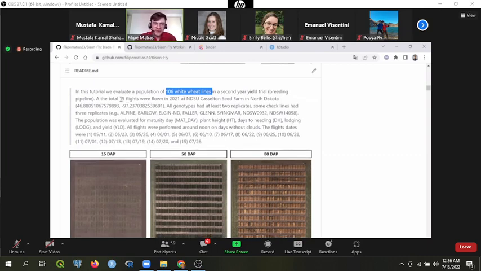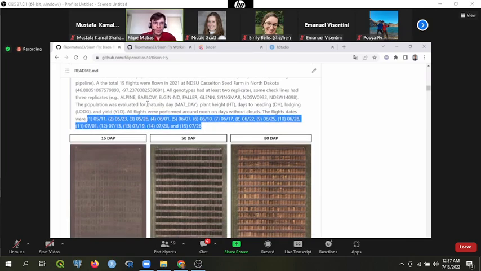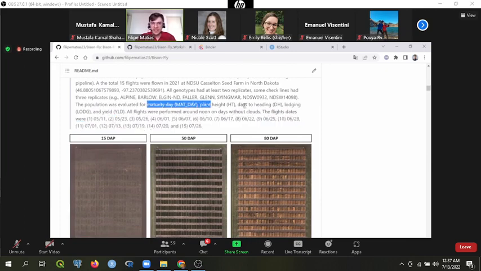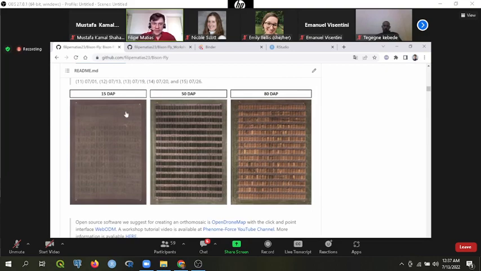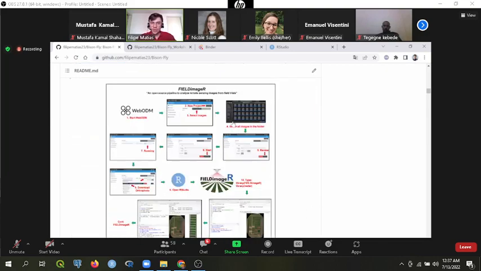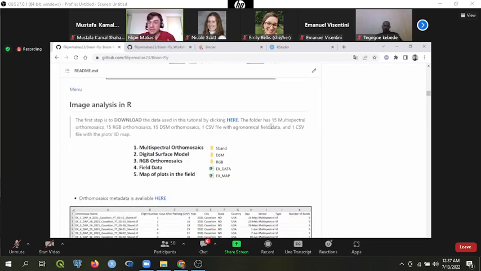We have 15 flights of data, and we collected on all those days that are highlighted here. And we also have field agronomical traits: maturity day, plant height, days to heading, lodging, and yield. Okay. As you can see, when you click here and download, we are giving it for free, guys. Please feel free to use it.